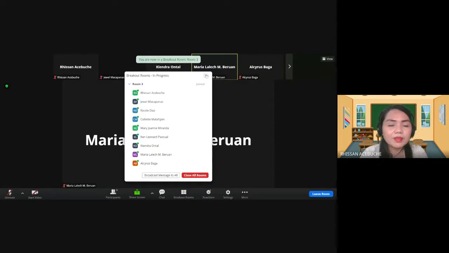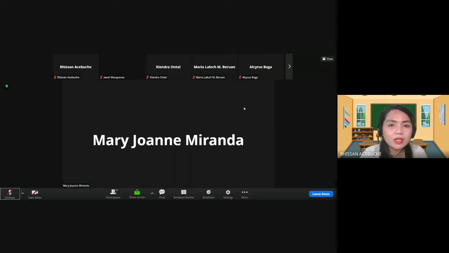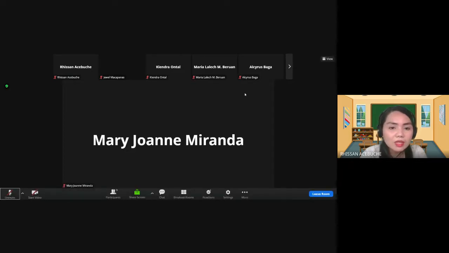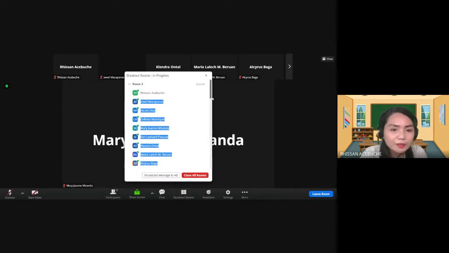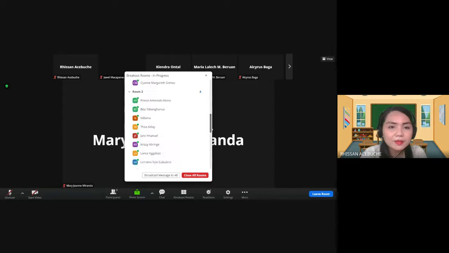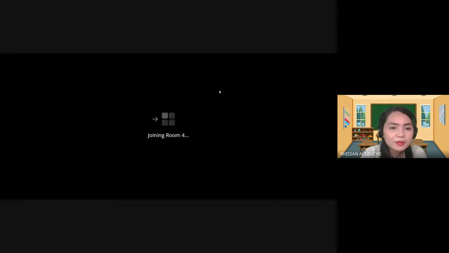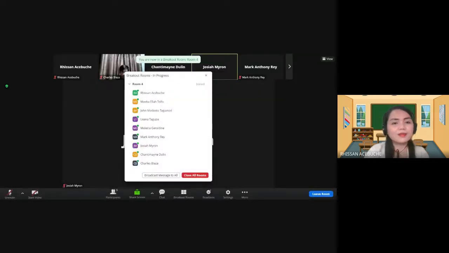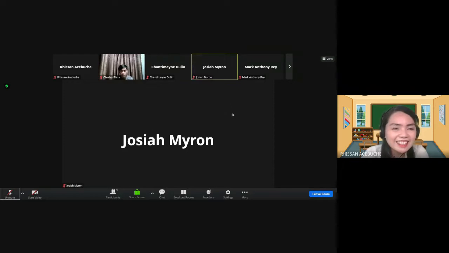Group 3, I can also see here some changes in their activity sheets. Very good. So it means that you are working on your activity sheets. Let's go to group 4. They are also busy working on their activity sheets.